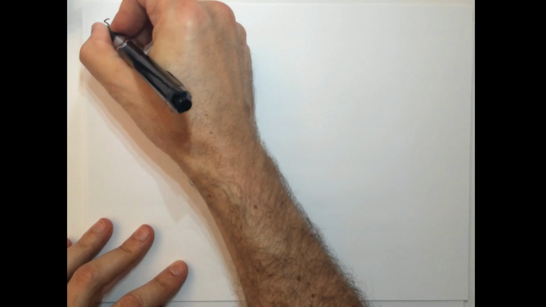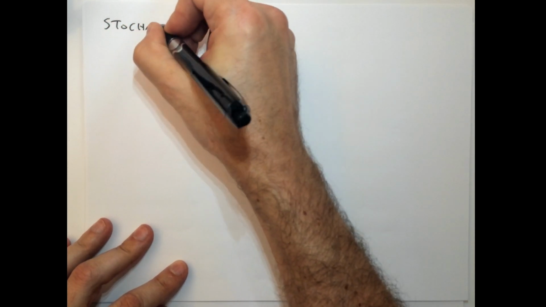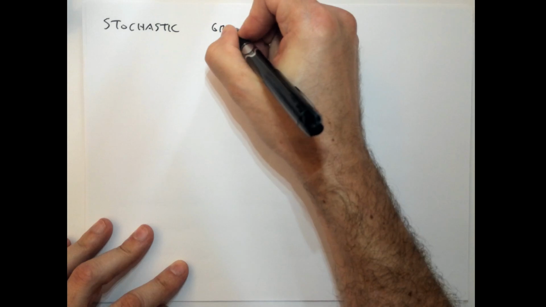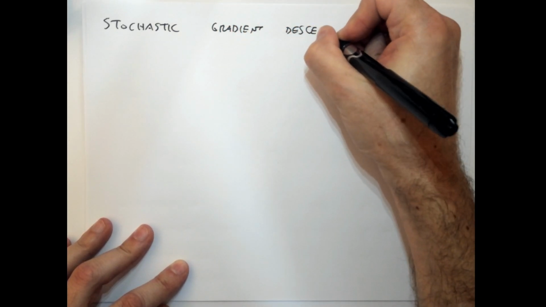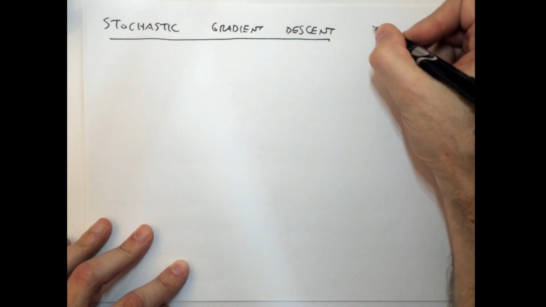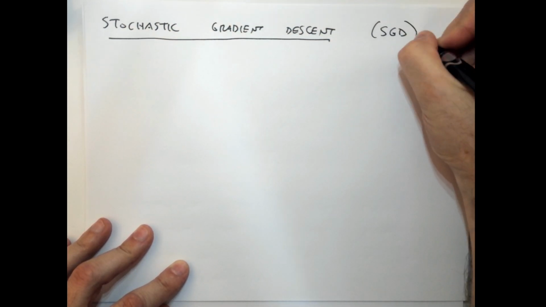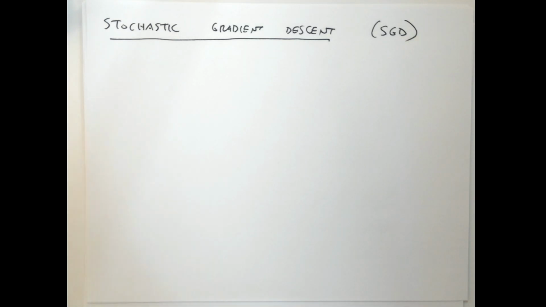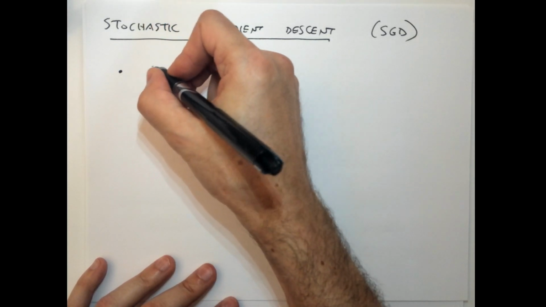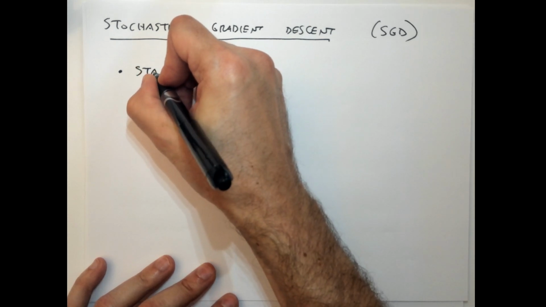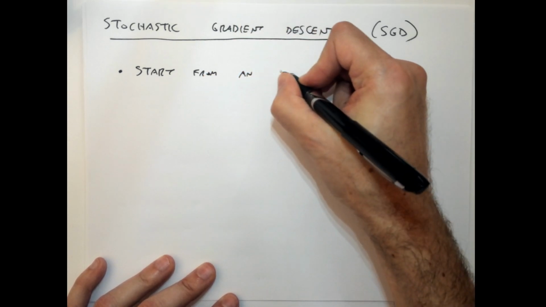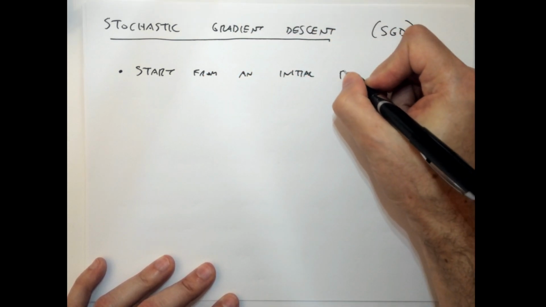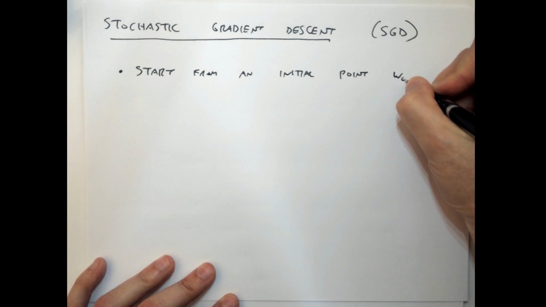So stochastic gradient descent. The algorithm is almost the same as regular gradient descent. Okay, so I'm going to write down the steps, right? So again, we start from an initial point W0.